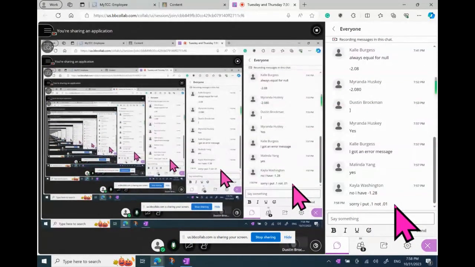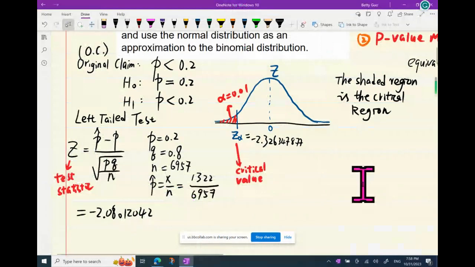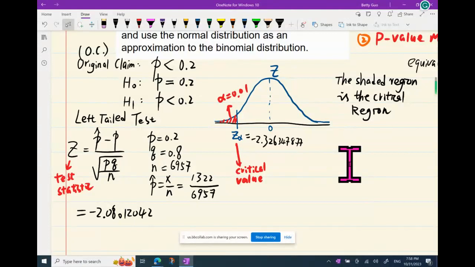0.01, right? 1%, very tiny. Do you think we can proceed here? Any questions so far? So that's the critical value. Do you remember what Z means in previous chapters?